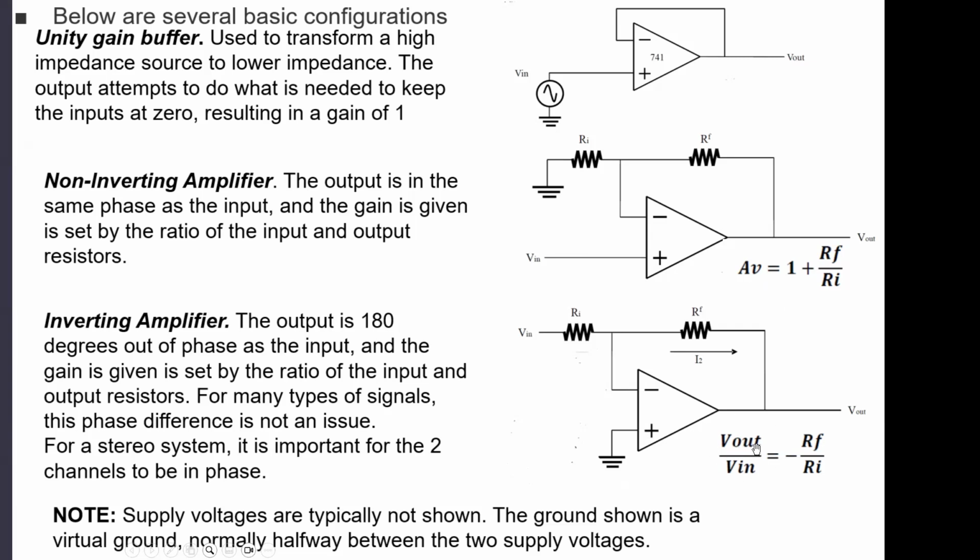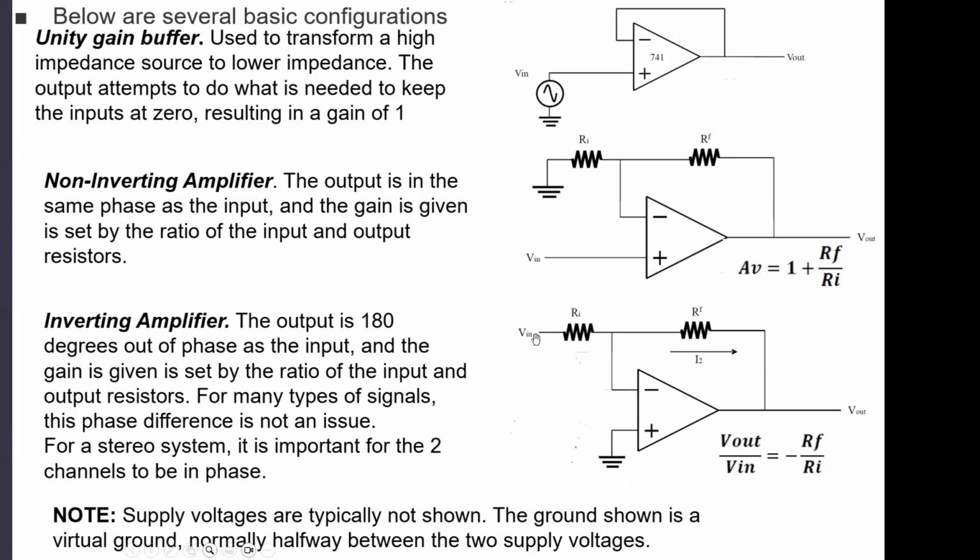The gain, V out over V in, is equal to the ratio between this resistor and that resistor, right? Well, almost. And that's what I really want you to pay attention to: that little negative sign right here, because it's an inverting input we are using.